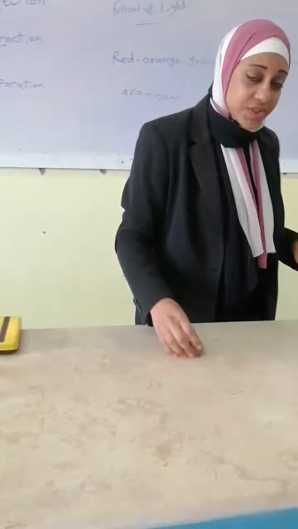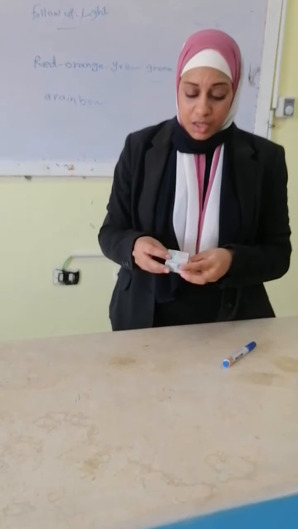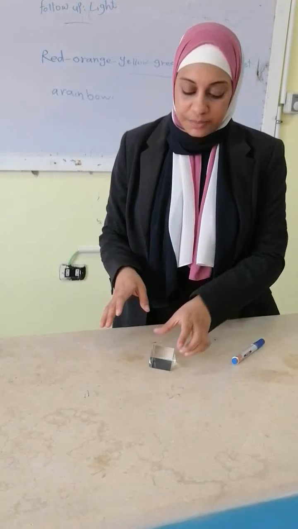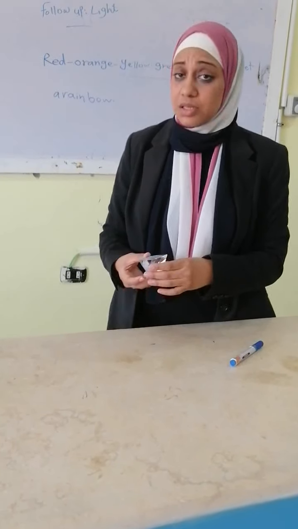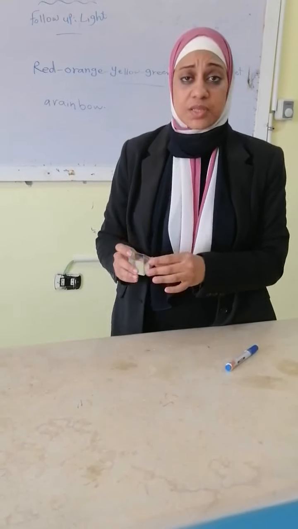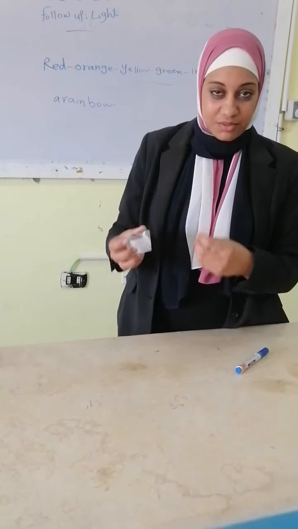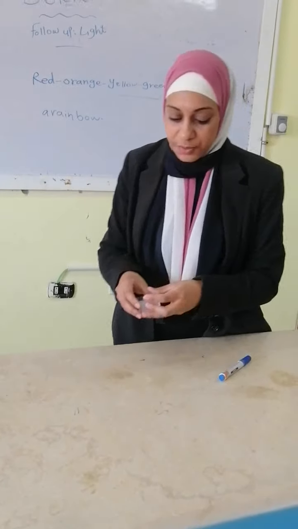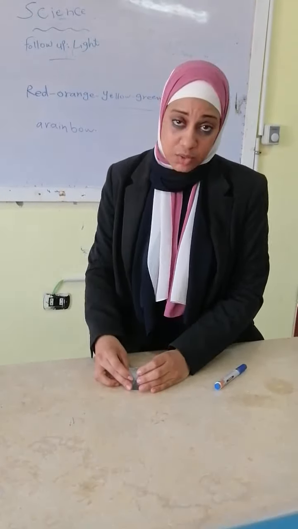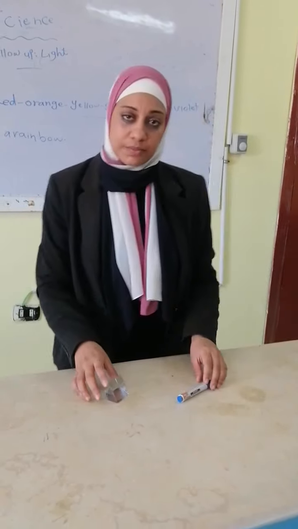Okay, so there's a small activity we are going to do with this prism. We have to face the sunlight, and we will move this triangle prism in different directions to see the 7 colors separation of the white light. Okay, so we are going to see them right now.